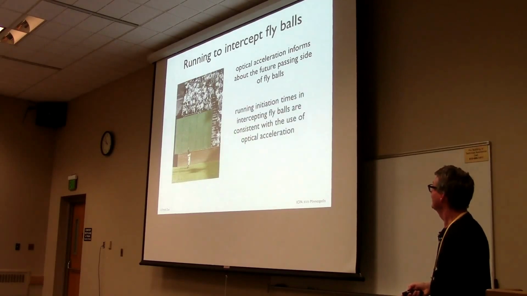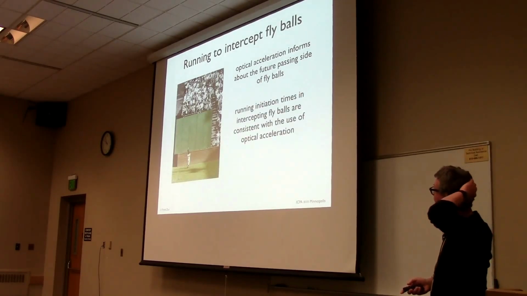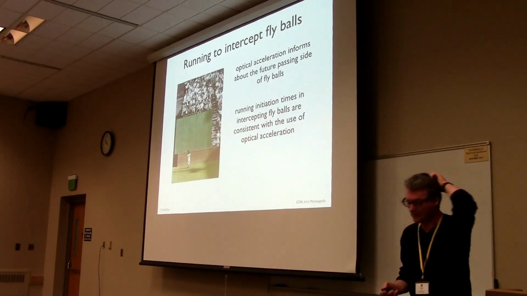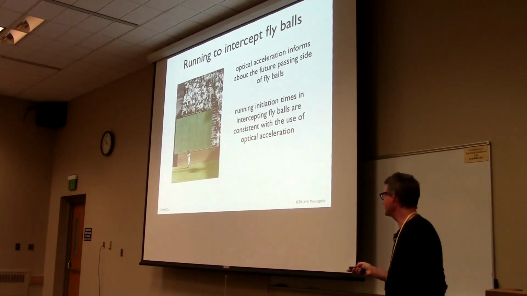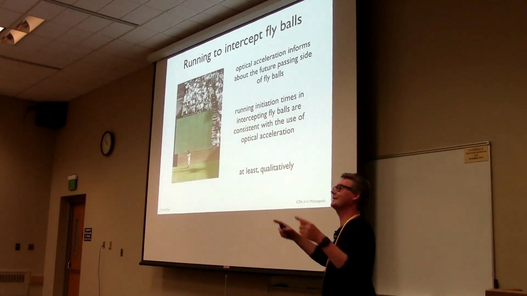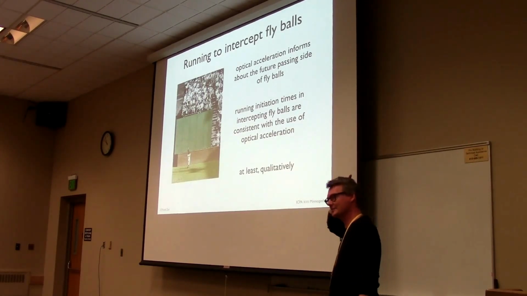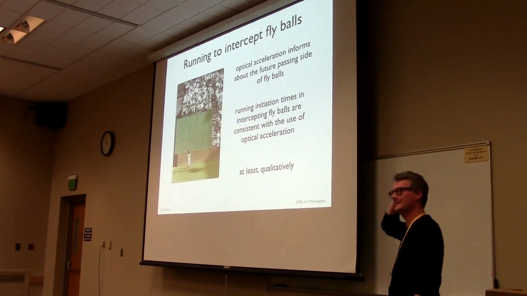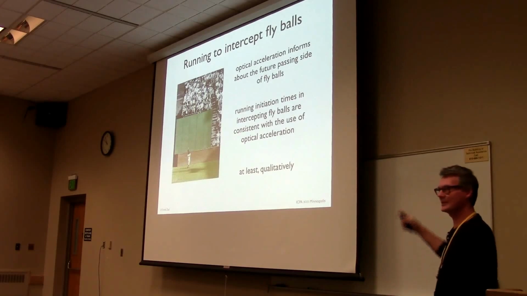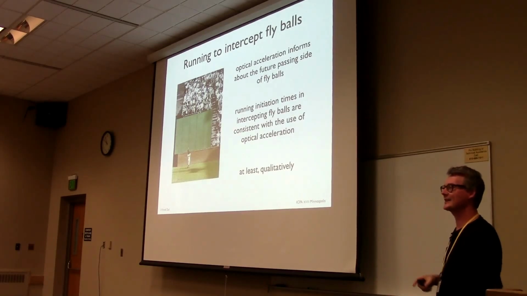So running initiation times are consistent with the use of optical acceleration, and when I'm saying optical acceleration, I really mean this qualitatively, right? The effects are in the right direction. I'm doing linear regressions, but really I think it's about the same shape that I'm looking for. So this could be the optical acceleration per se.